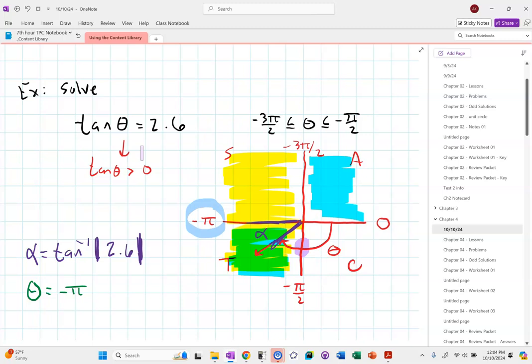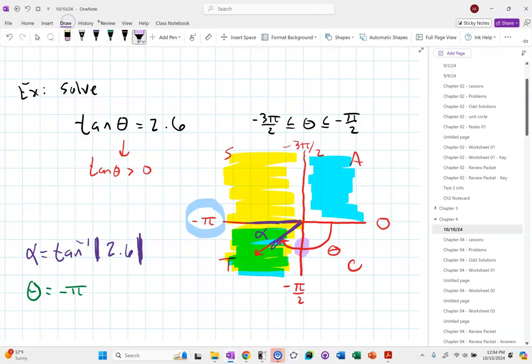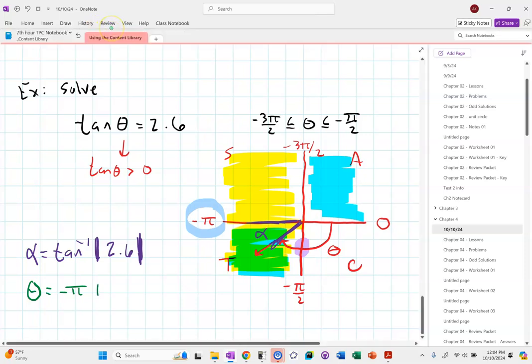Now, my answer is negative, so instead of meaning subtraction this time, it means addition, which is the part that trips everybody up, is that rule of when to add and subtract just switches if you have a positive answer versus a negative answer.